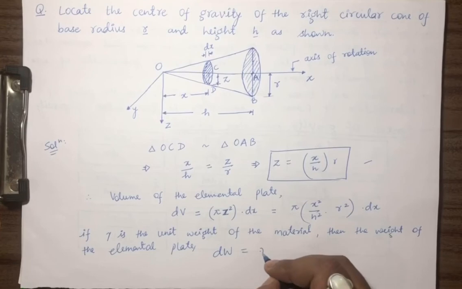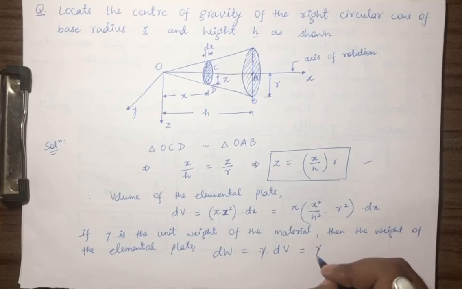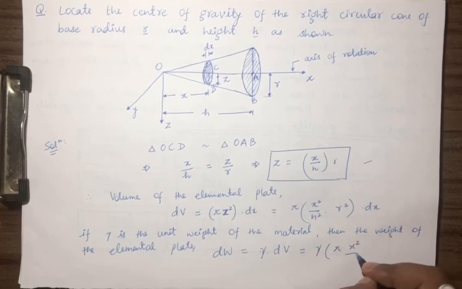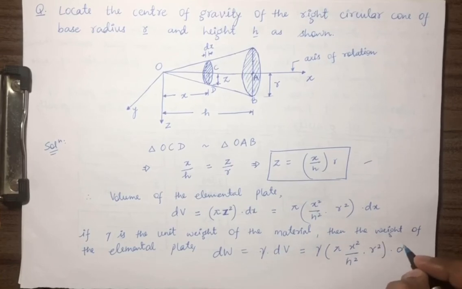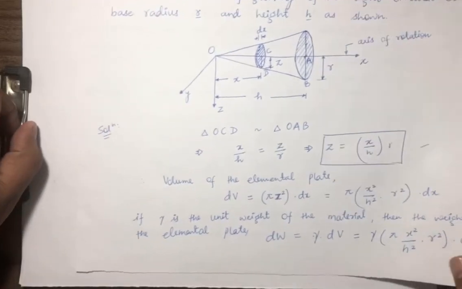So dW will be gamma into dV, or dV is pi x square upon h square into r square into dx. Okay, so I think up till this no doubt is there.